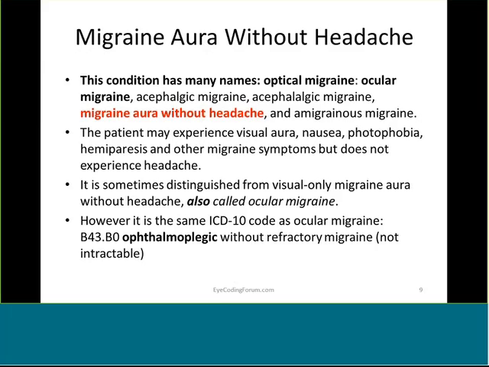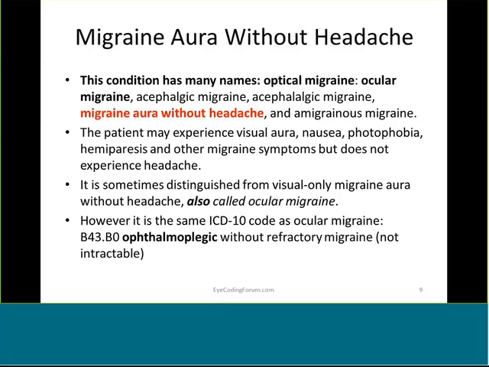So there's like 7 or 8 different names for this one condition. They're not all the same. Now, the patient may experience visual blurs, nausea, photophobia, hemiparesis, paresis on one side, and other migraine symptoms, but they do not experience a headache.